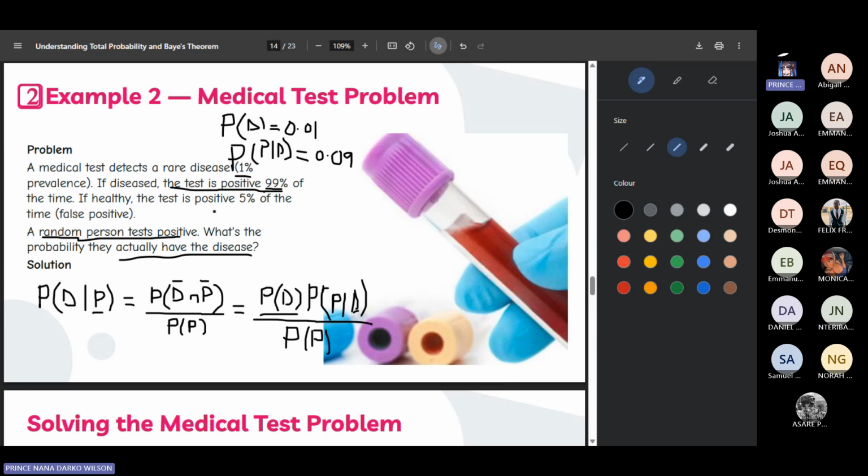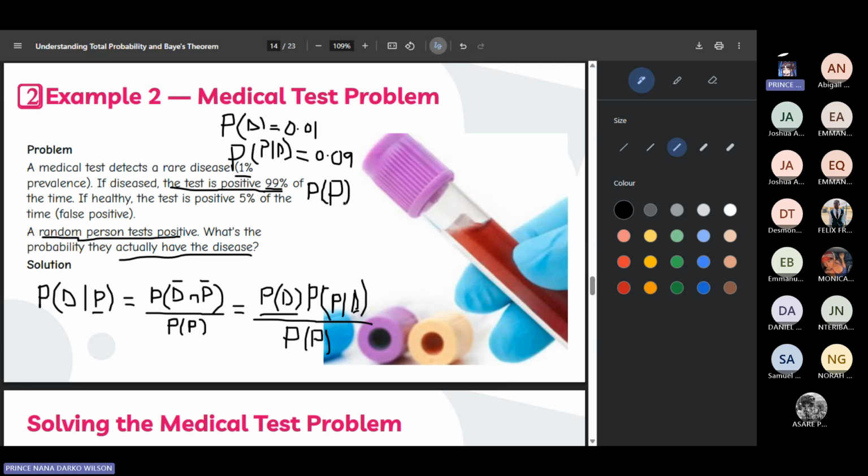So now let's look at all the ways the probability of testing positive can occur. And let's add all of that together to find the total probability of testing positive. So now, according to what the question says, there is one chance you may test positive and have the disease, or you may test positive and not have the disease.